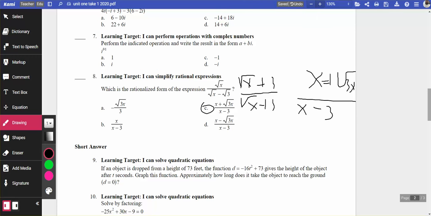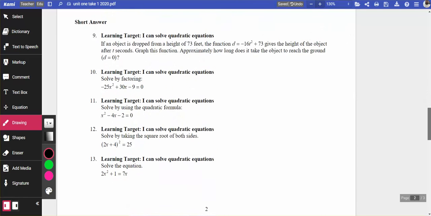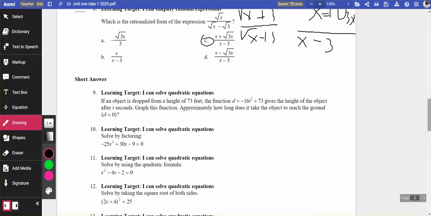Then number 9. Number 9 is a free response question. If an object is dropped at such and such a height, you put 0 in. Really, you could do this a couple ways. They want to know when the height reaches the ground. If you graph it, you can get an answer real easily.